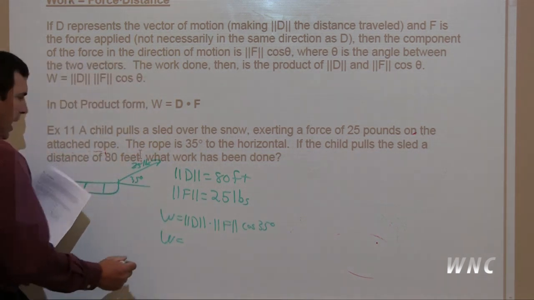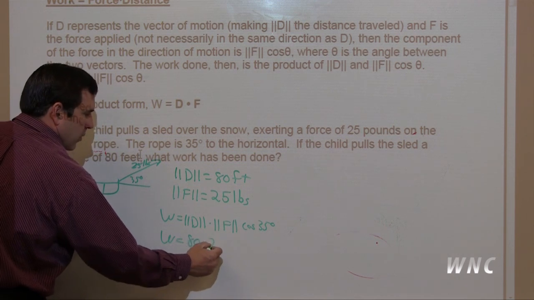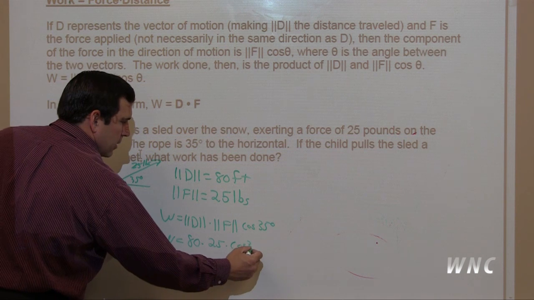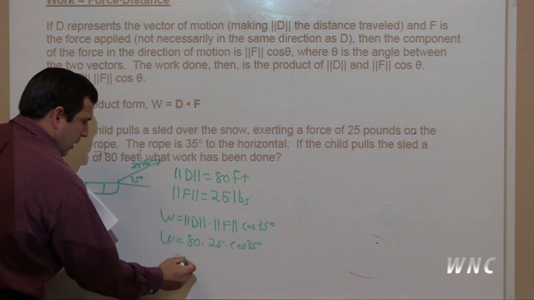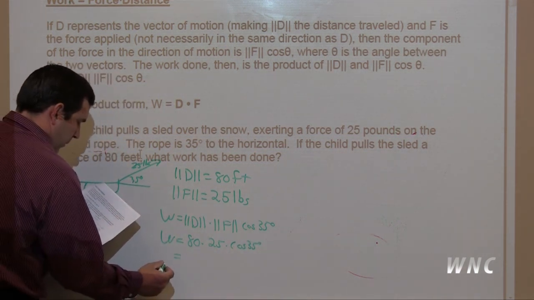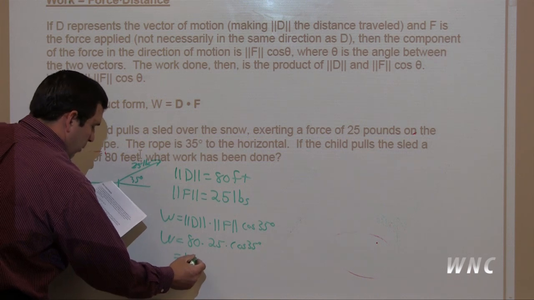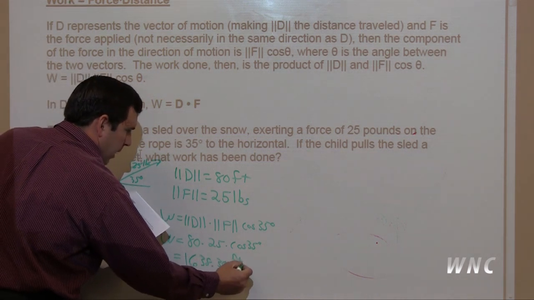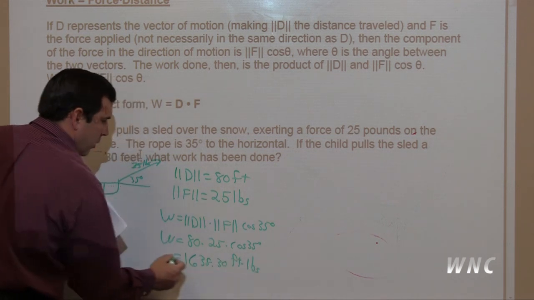So work is going to be 80 times 25 times cosine 35 degrees. And that's going to be 1,638.30 foot-pounds of work being done.